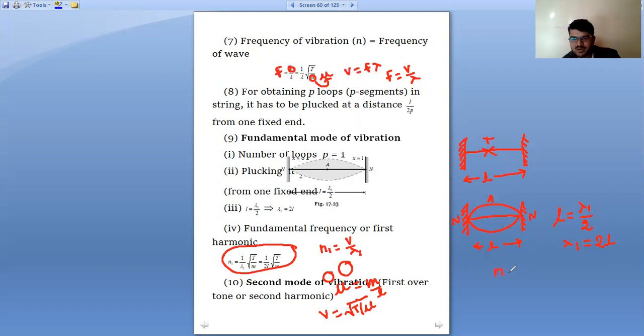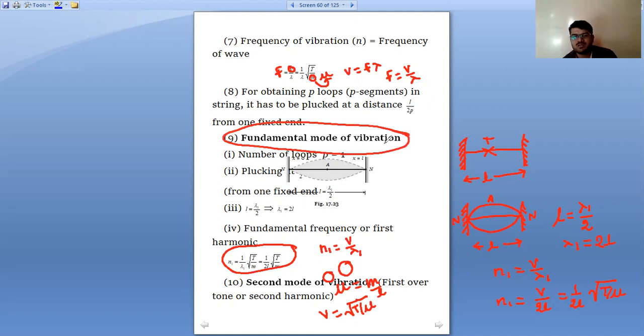If I find the frequency, N1 is equal to v by lambda 1, and therefore N1 is equal to v by 2L. This is equal to 1 by 2L under root of T by mu. Understand? Yes, this is your fundamental mode of vibration.